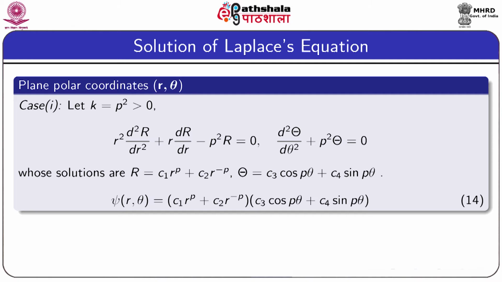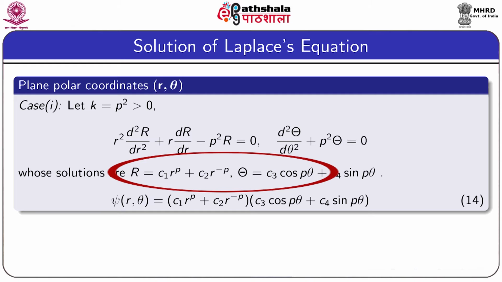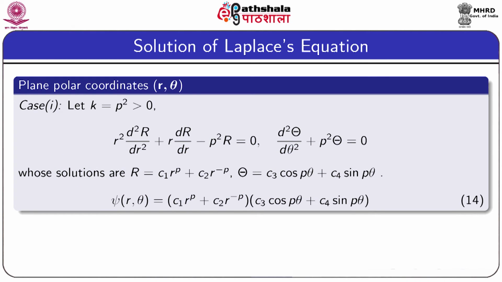From that solution we can obtain R equals C1 r to the power p plus C2 r to the power minus p, and the equation for theta is d2 theta d theta square plus p square theta equals to 0, and we can find its solution easily as theta is equal to a combination of sine function and cosine function, which is written here.